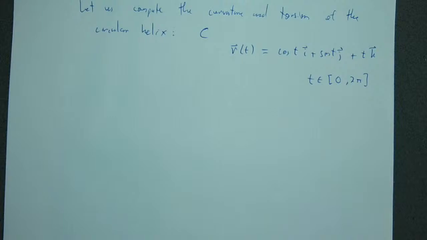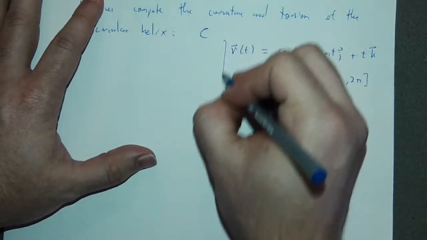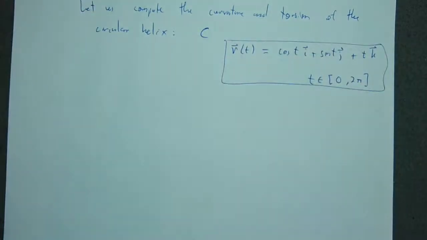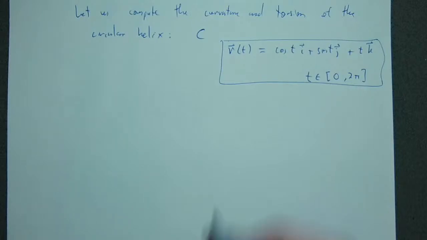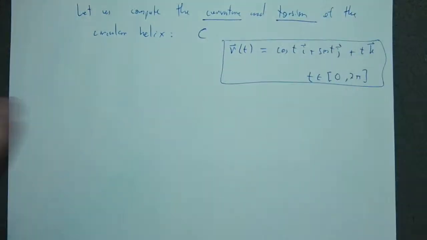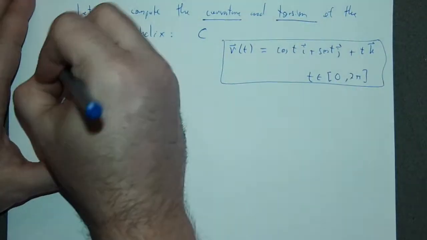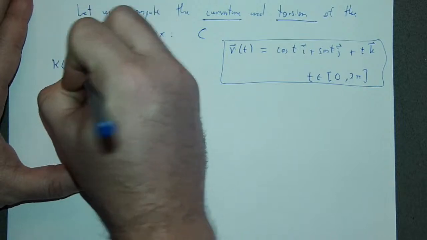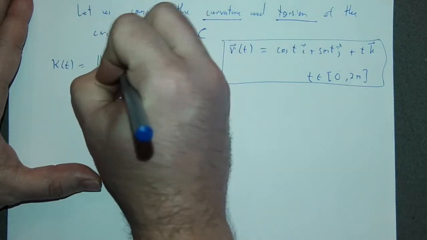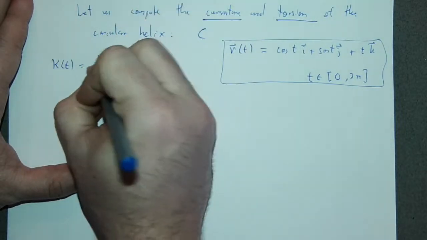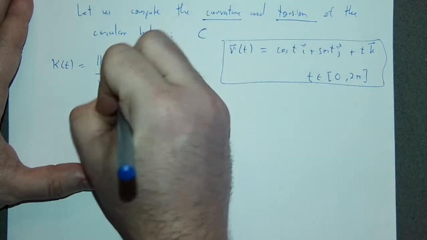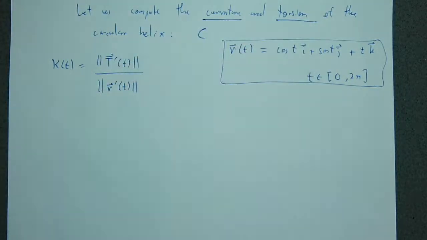All right, so here's my circular helix. First, I want to compute the curvature, and then I want to compute the torsion. In order to compute the curvature, just recall that kappa of t is the length of T prime of t over the length of r prime of t. This is the curvature.